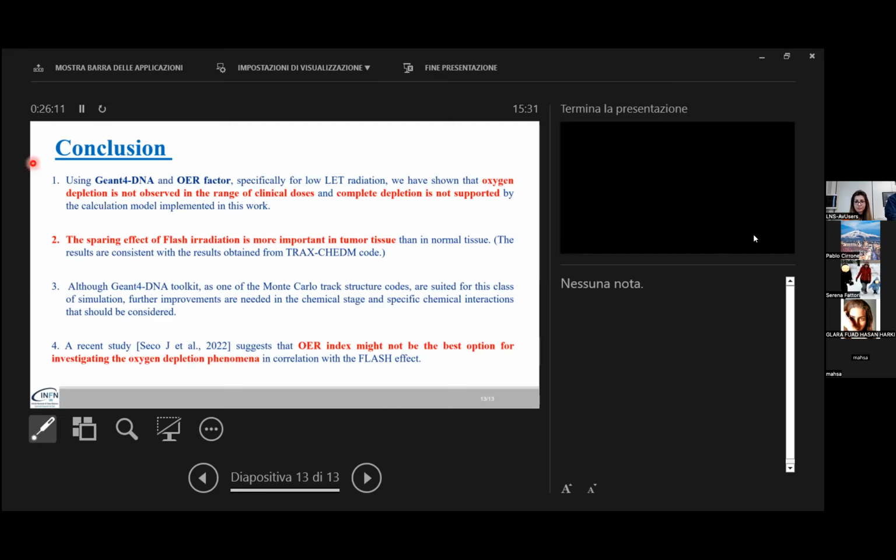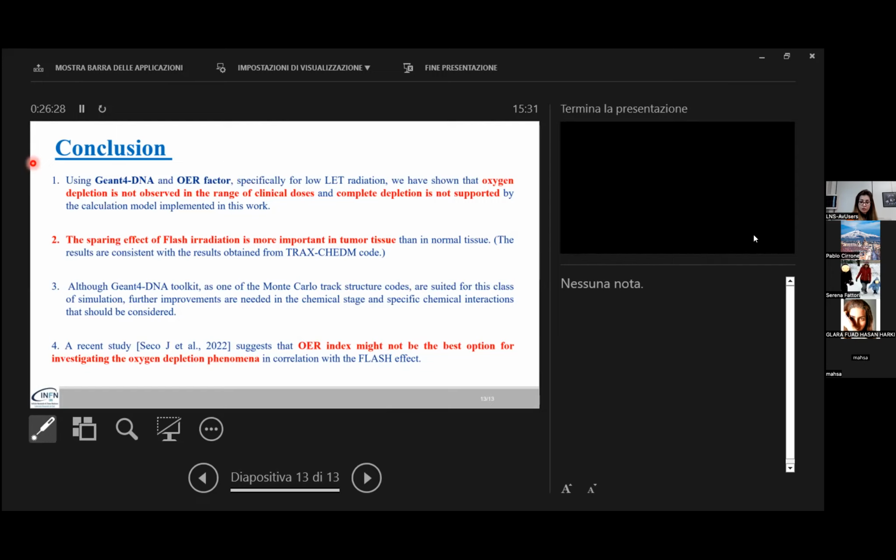The conclusion is that the sparing effect of FLASH radiation is more important in tumor tissue. So this can be seen from the Geant4 simulation, no?